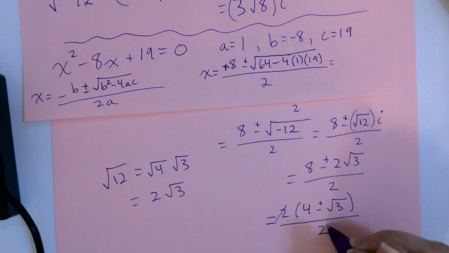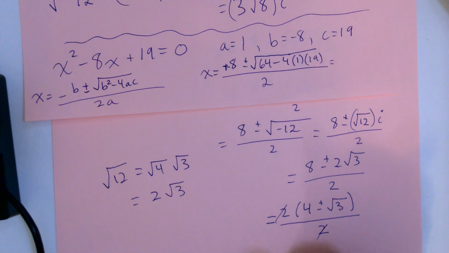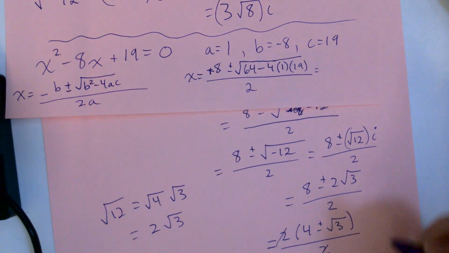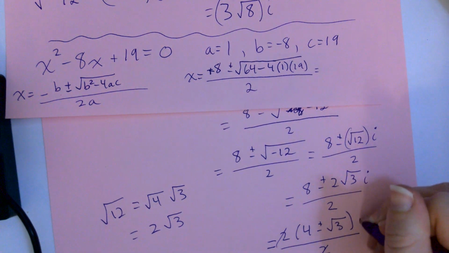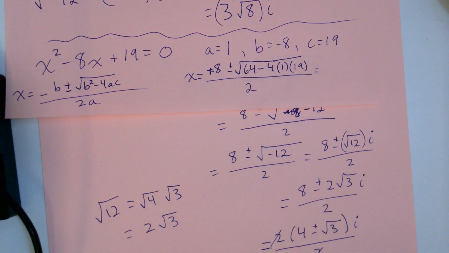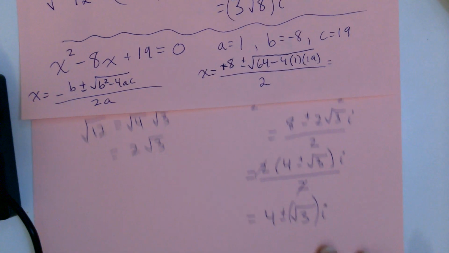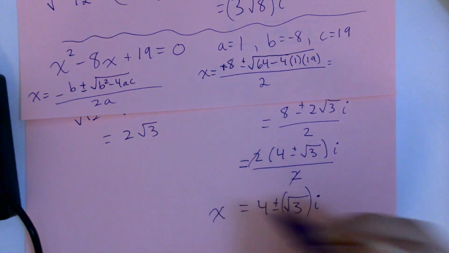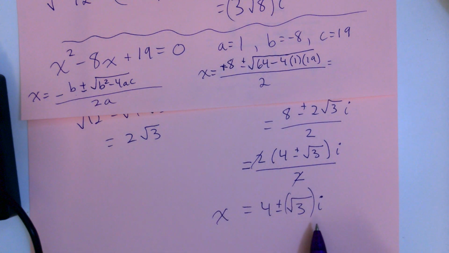So now we can cancel out those 2's, and we get 4 plus or minus the square root of 3. Sorry, this all should have an i. So we have x equals 4 plus or minus the square root of 3 i.